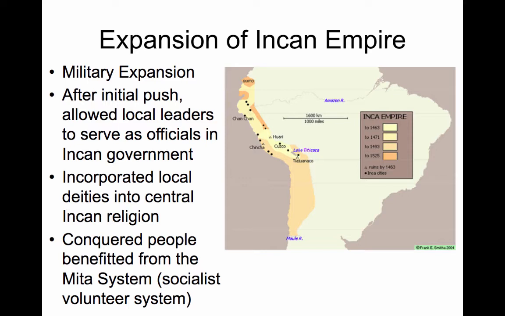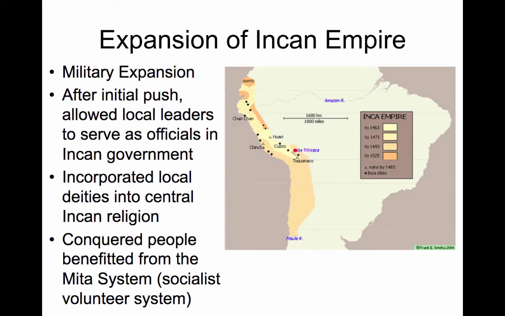We'll see that the conquered people of the Inca are way more satisfied with the government and not as resentful towards the Inca as the people who were conquered by the Aztecs, since living under the Aztecs could be really stressful and violent.